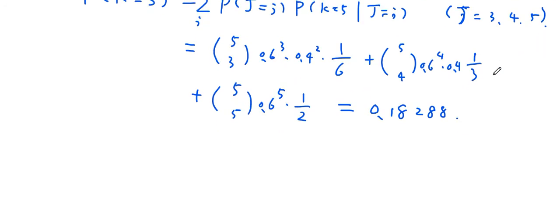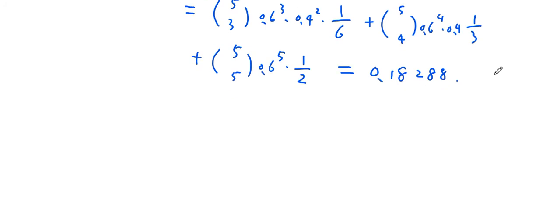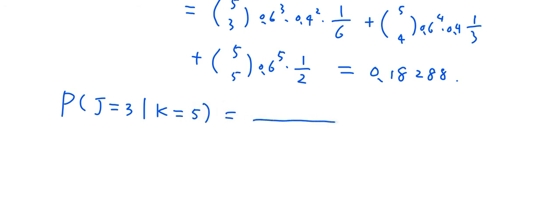So let's check the probability of j equals 3 when k equals 5. So this equals P(k equals 5), right? So here j equals 3, k equals 5.